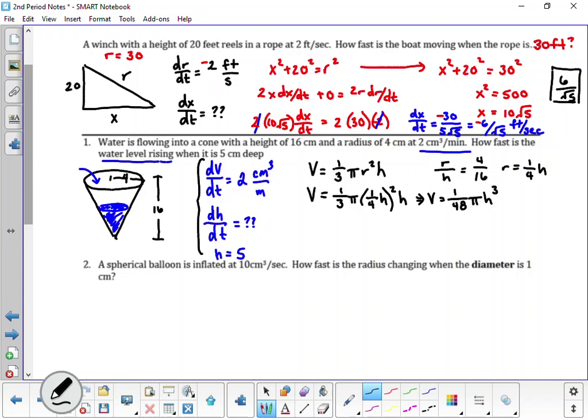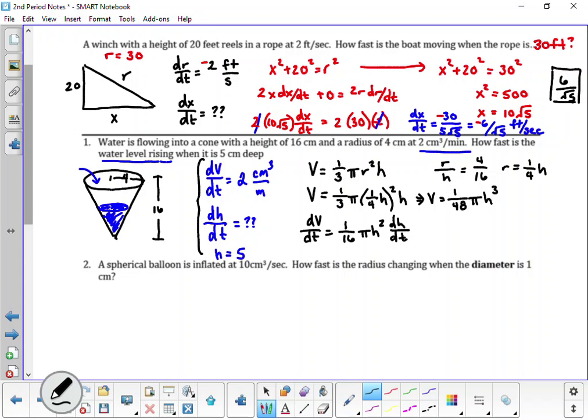Now taking the derivative is going to be a lot easier now that I only have two variables. dV/dt equals 3/48 or 1/16 pi h squared dH/dt. And remember, we took the derivative with respect to time, so you need a dV/dt and a dH/dt.